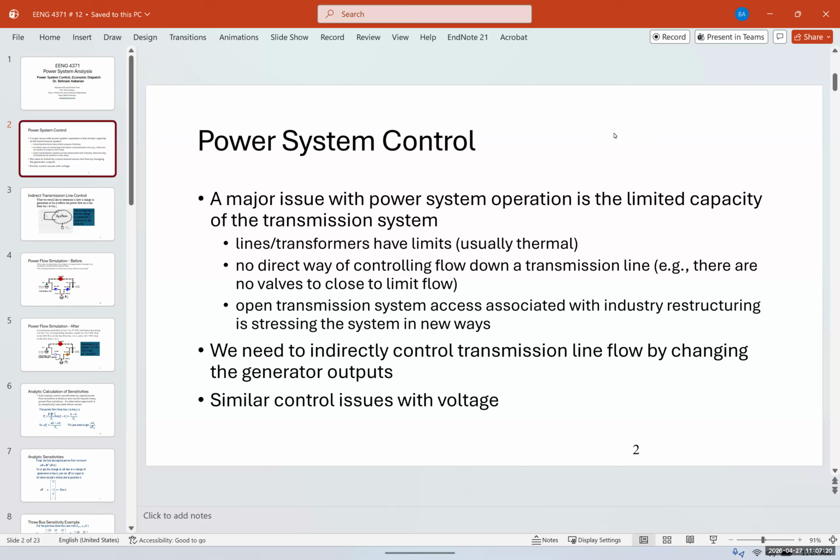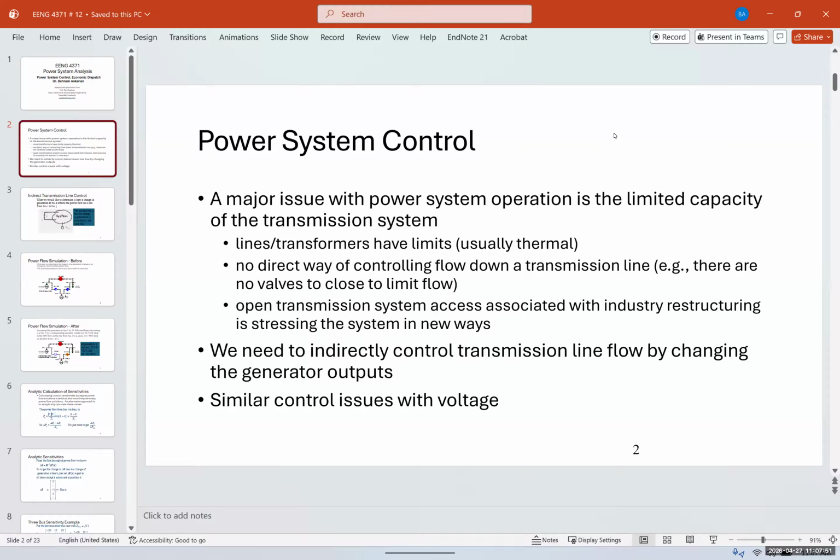And the problem is there is no direct way to control how much power flows down a line because we don't have any control on the loads. Unlike, for example, a water pipe, you cannot close a valve. In a water pipe, you can close the valve and control it that way. But power flow follows physics laws, specifically Kirchhoff's laws.